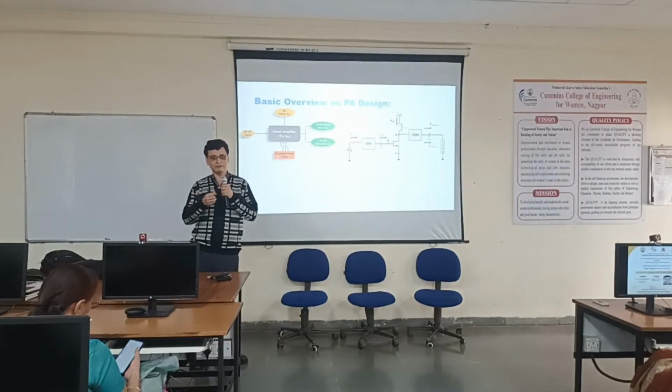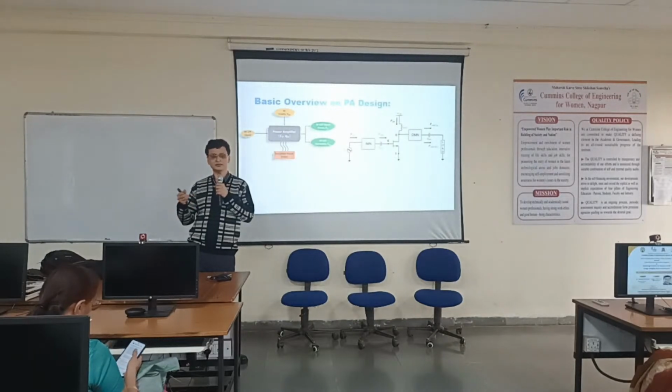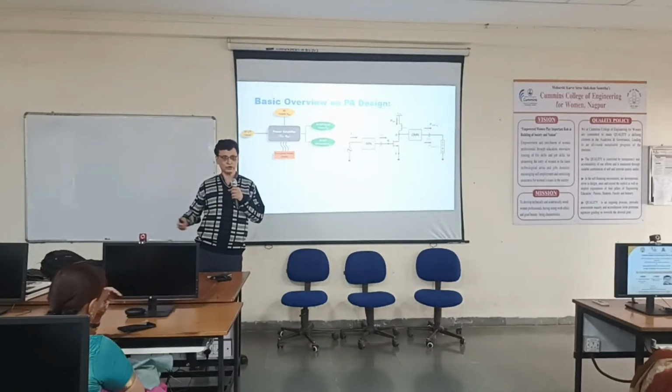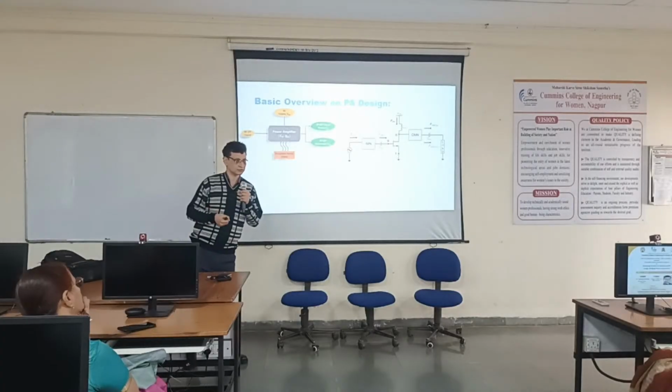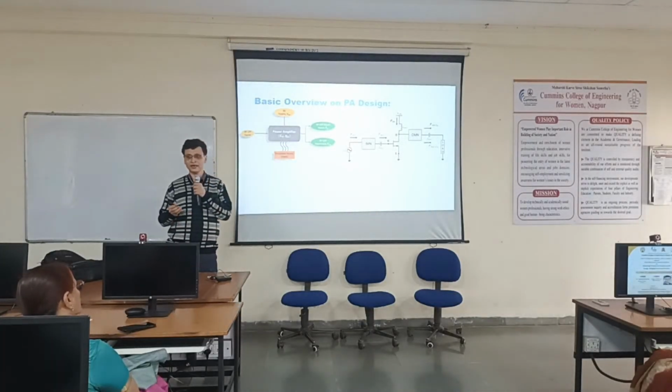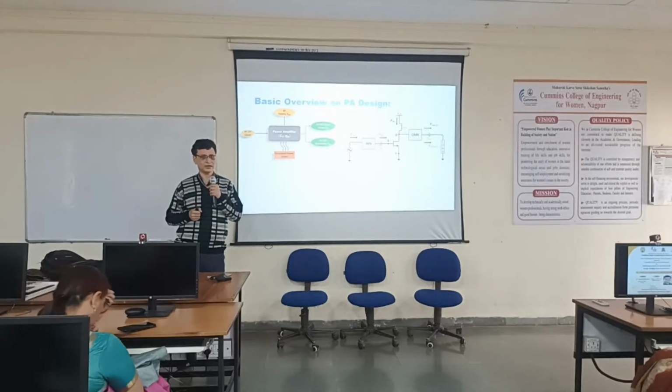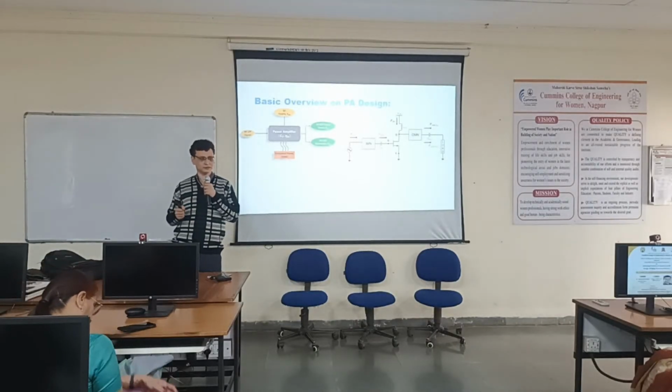Based on the efficiency, you might have known various classes of amplifiers that we get, like class A, class B, class C. And that is still going on. It didn't stop. The class A, B is around 100 years old, and class E is 50 years old.